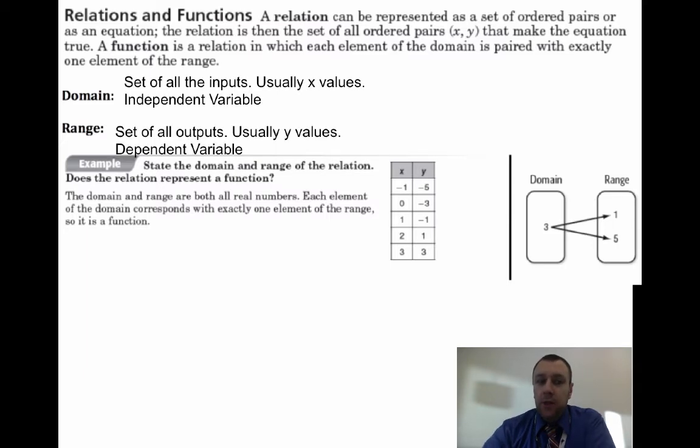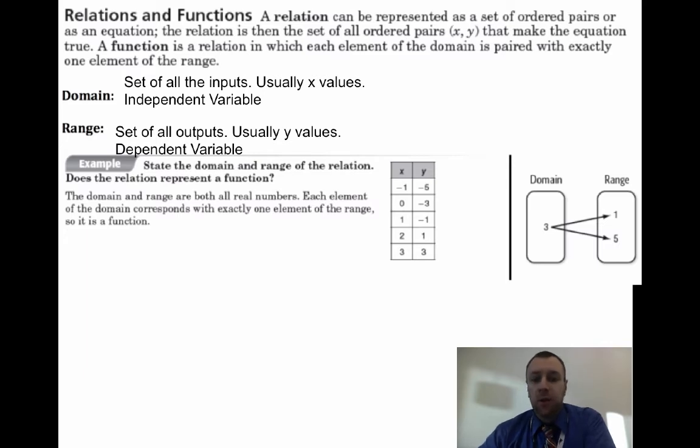The range is the set of all the outputs, or the y values. It's the dependent variable. So a function is a set of these x's and y's where for each x there's only one y. For each element in the domain, that's paired with only one element in the range.